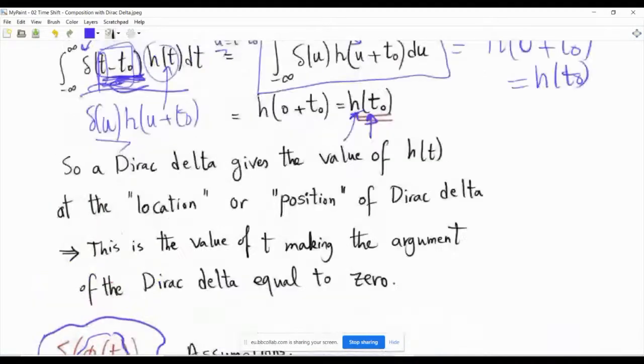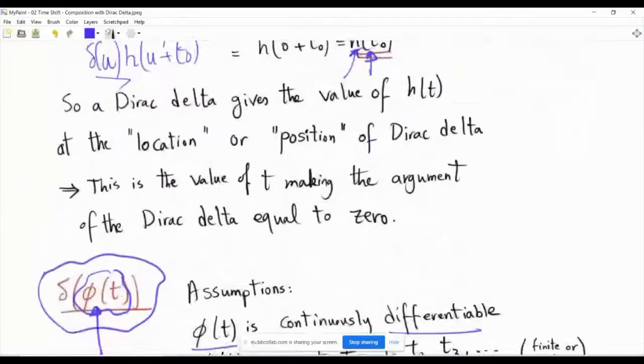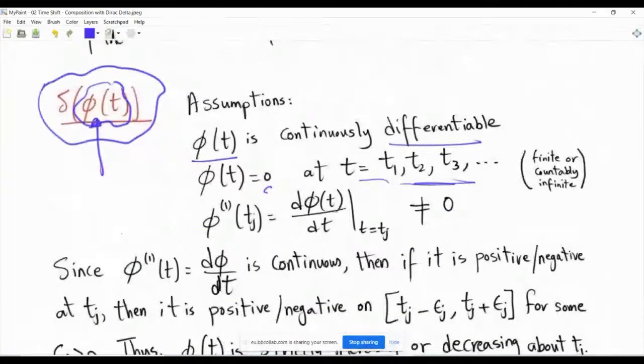So because of this, again, we can push it and say our focus will be the roots of this equation. We will take whatever is inside the Dirac delta and equate it to 0. And the values of t that make phi of t equal to 0 will be the important stuff to us.